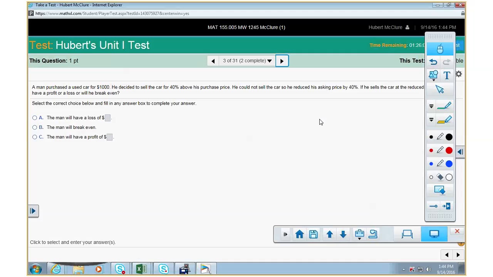Could you use the Walmart equation here? Yes, you could. Or you could throw your pencil down in anger and quit.